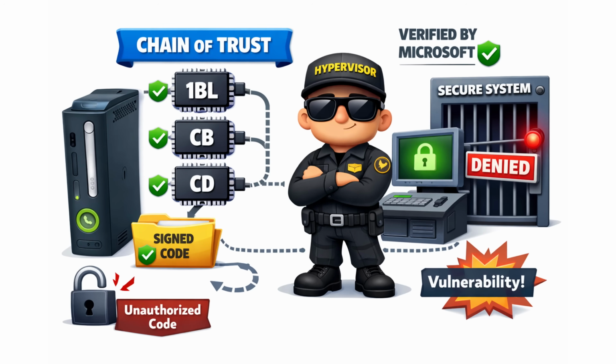At the center of this system is the hypervisor, which acts like a security supervisor for the entire console. This architecture was designed to make it extremely difficult for unauthorized code to run. However, complex systems often contain assumptions, and those assumptions can eventually lead to vulnerabilities.